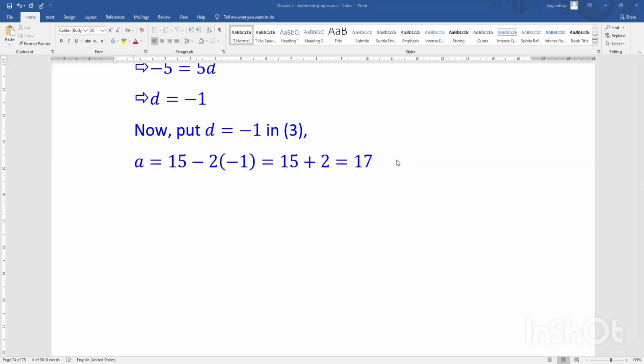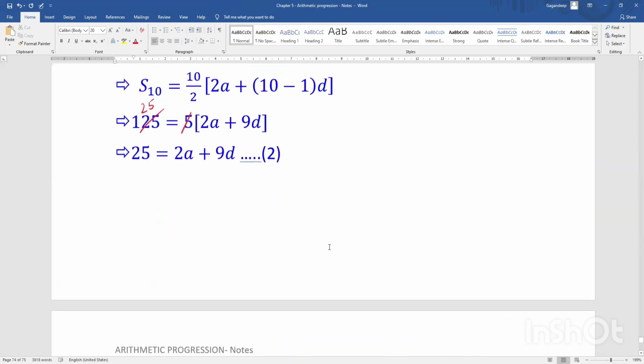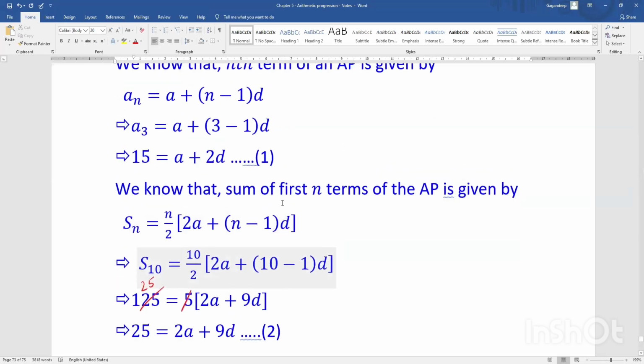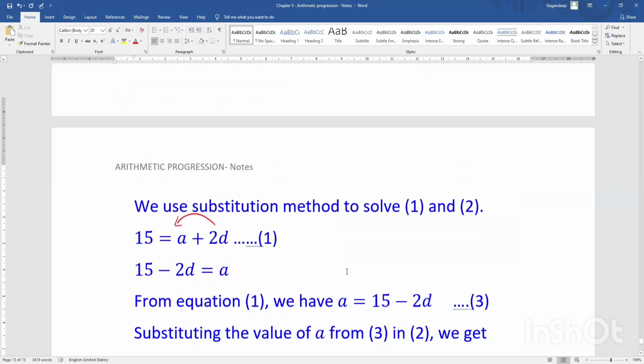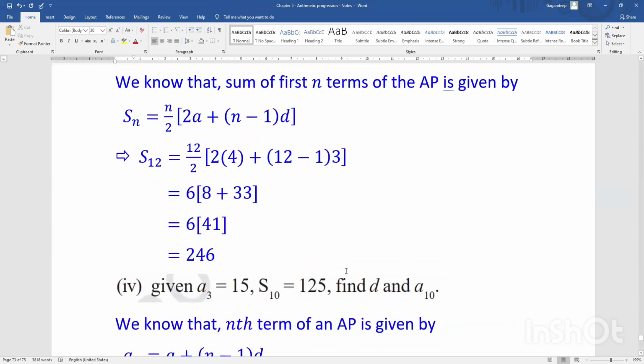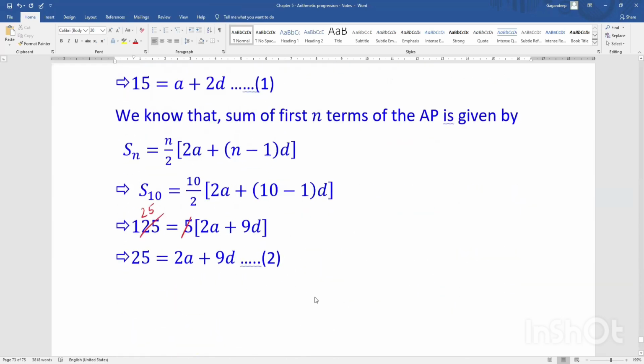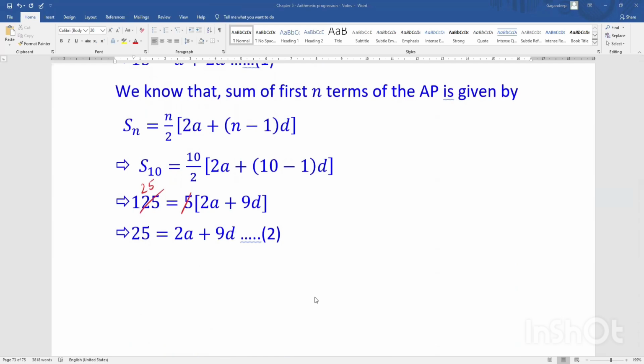Now we are asked to find out A10. So here we need to find out A10. So let me write down A10.